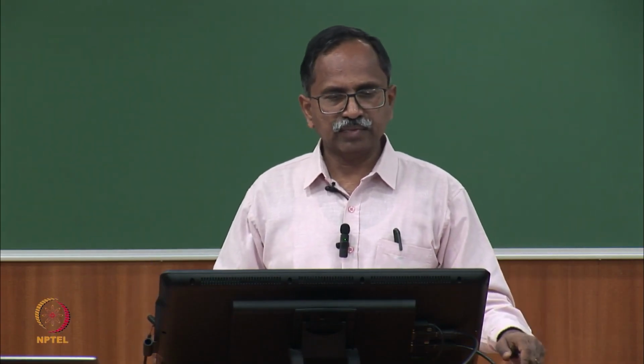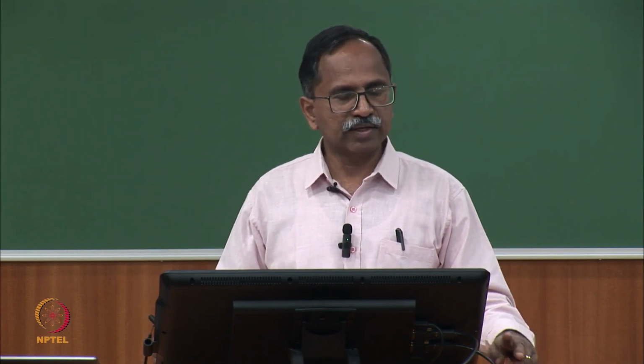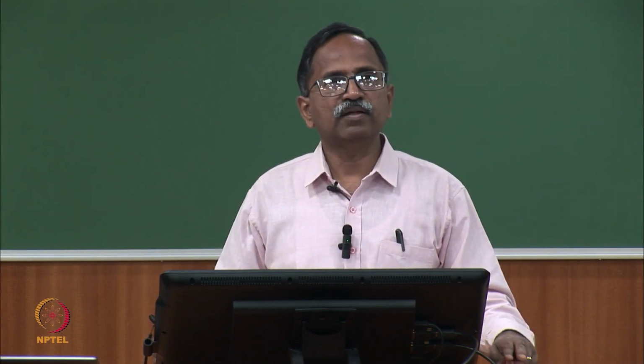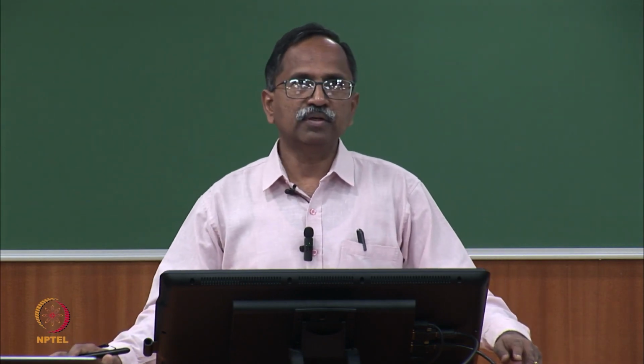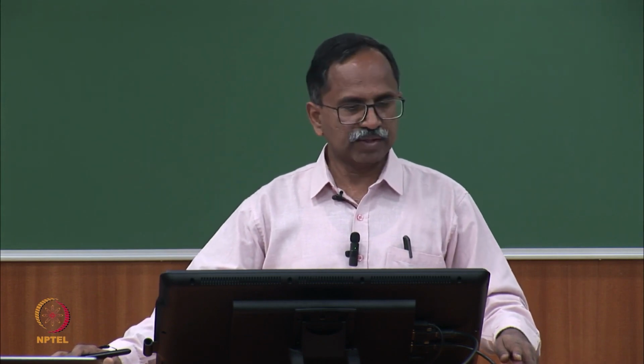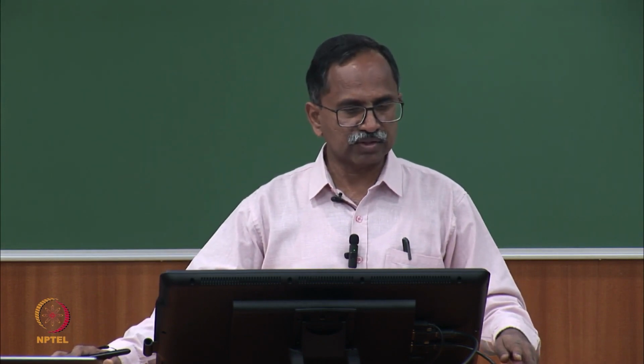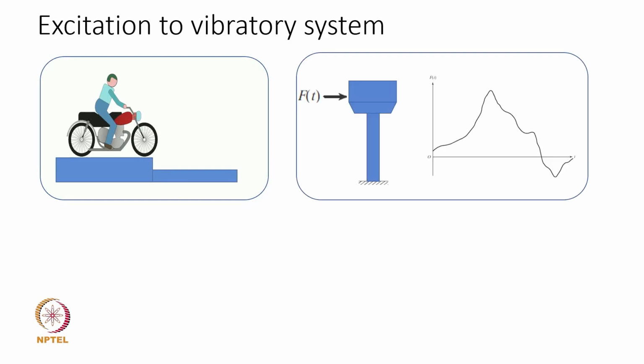for a vibratory system, the excitation that we discussed till date is in the form of initial perturbation or initial excitation at t is equal to 0. That is, we used initial displacement and initial velocity, these two conditions. An example of that was a step dip to any vibratory system, which generates an instantaneous initial displacement or initial velocity, depending upon the case in question.